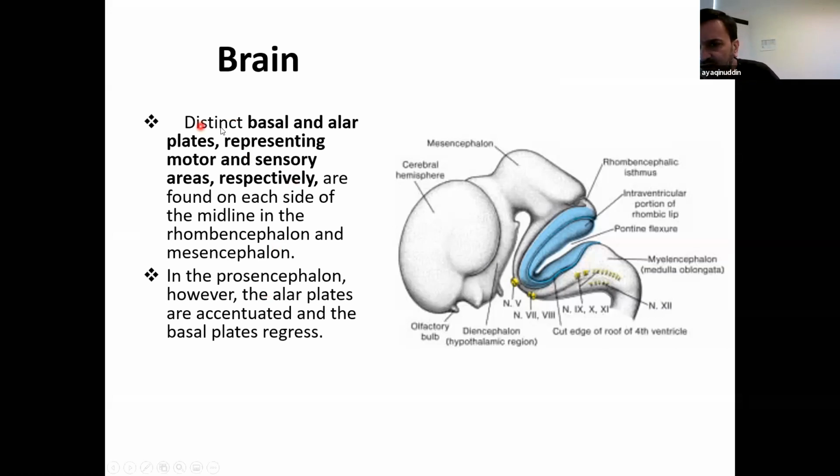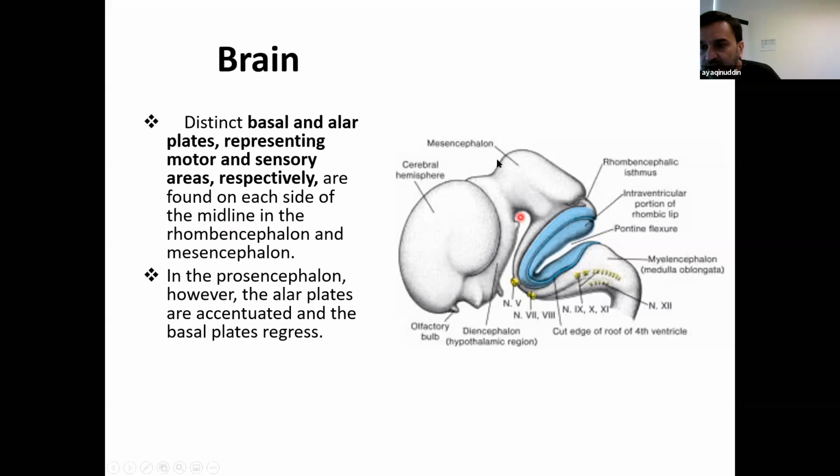So this is what is written here, that you have distinct basal and alar plates representing motor and sensory neurons, and they are found on each side of the midline. Near the midline, you have the basal plate and the motor nuclei, and laterally you have the alar plates, which are going to be the sensory neurons.